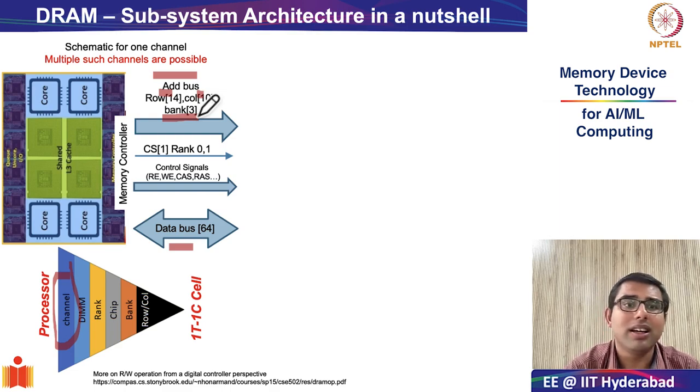Why is the bank address 3 bits? It is very simple: each chip, as we have seen last time, consists of 8 banks, so 2 to the power of 3 is equal to 8. The bank address must therefore consist of 3 bits. So here we have around 14 bits dedicated to row, 10 bits to column, and the bank address consists of 3 bits. This is one very important aspect.